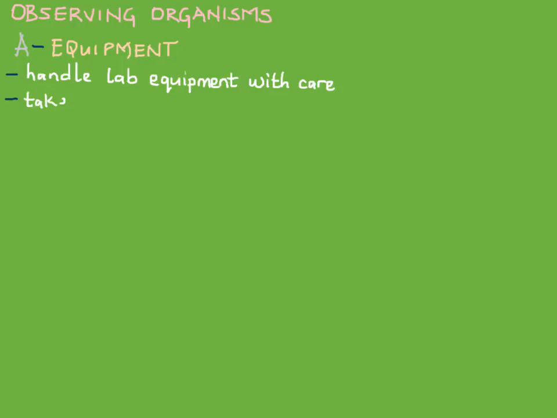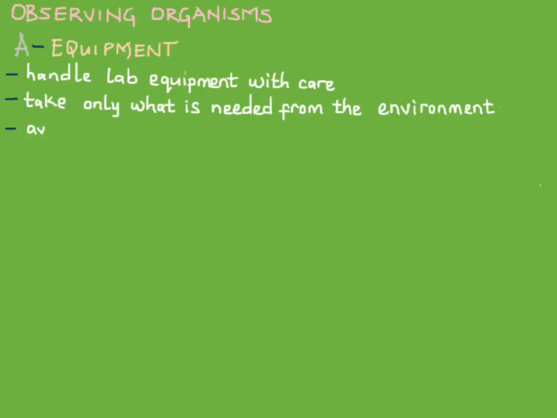During observation, only what is absolutely needed should be taken from the environment. Distraction should be avoided whenever possible. Preserved samples may be returned to the preservation liquid after observation. You can use the following equipment to observe organisms.